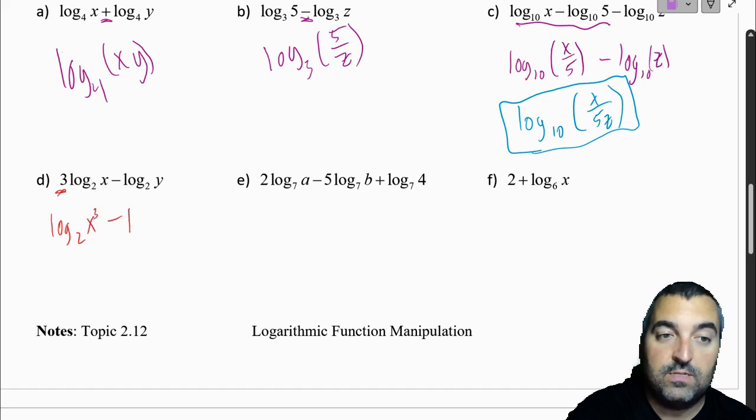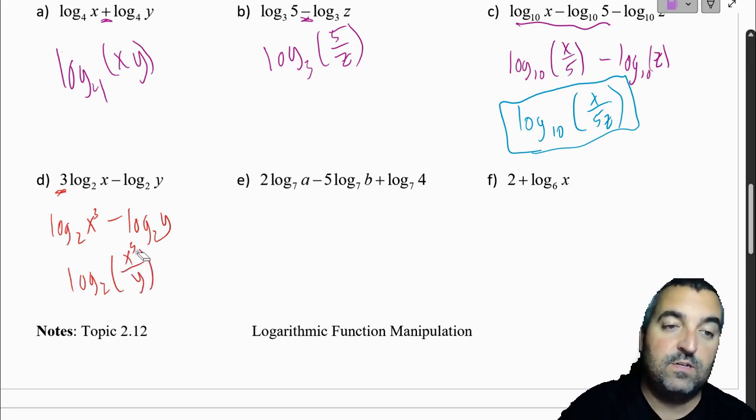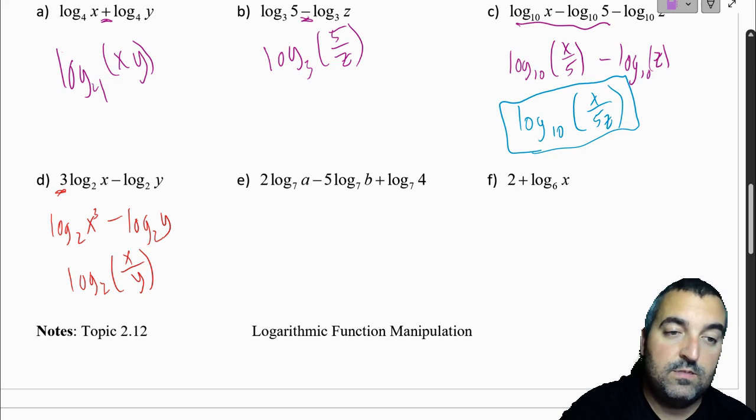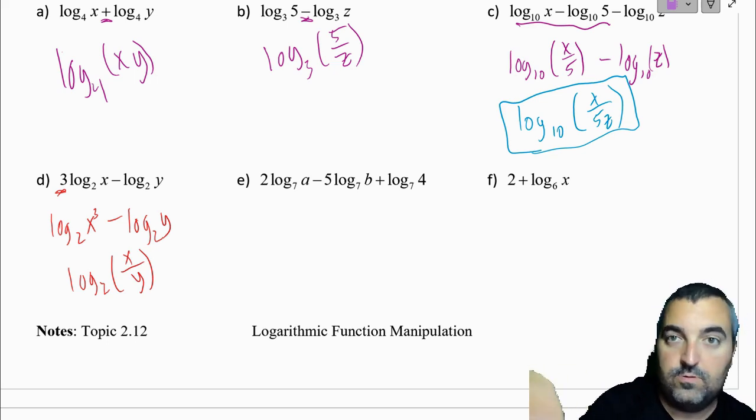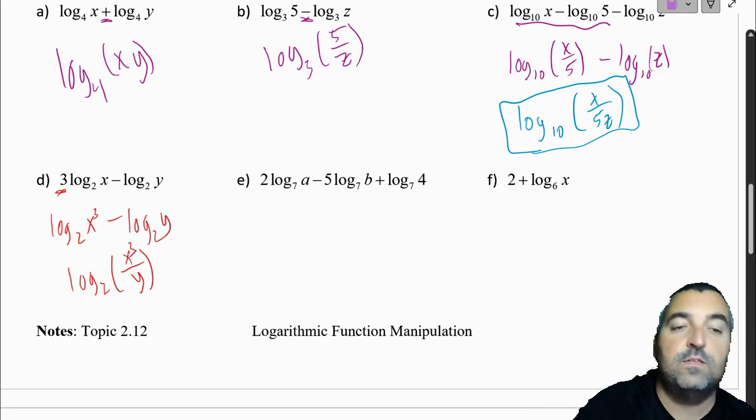So this becomes x to the third. And now I have just subtraction, so I can rewrite this as log base 2 of x to the third over y, because again, subtraction gives us division. So x to the third over y.